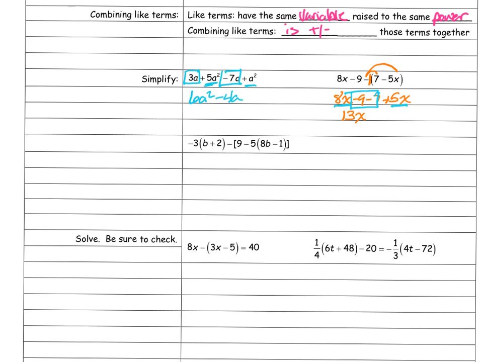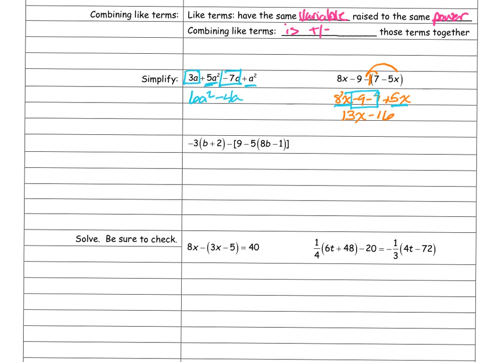Constants, which are just a number, those are like terms. You guys have been adding constants since you started math, right? You started adding in first grade-ish, somewhere in there. Those are just numbers. I can add any numbers together as long as there's no variable. So negative 9 minus 7 is negative 16. Okay, there we go, that's it.